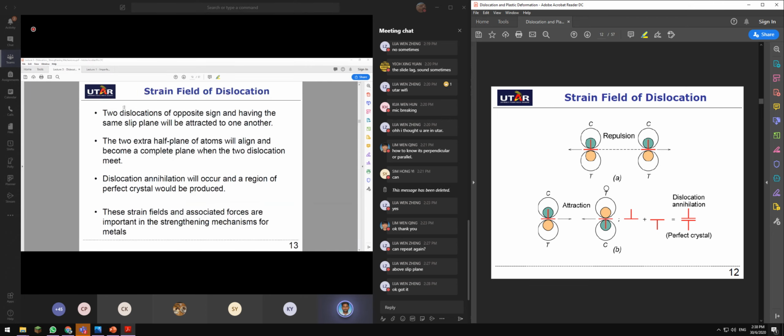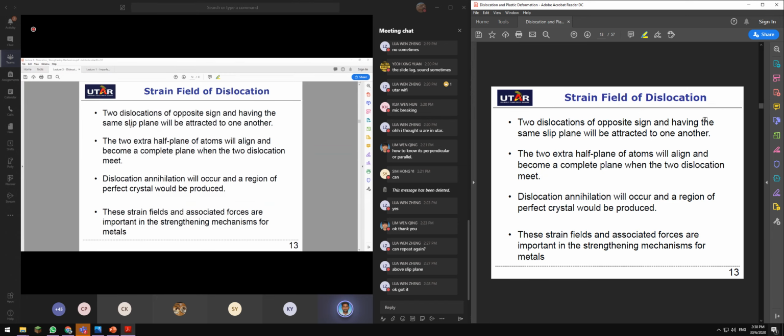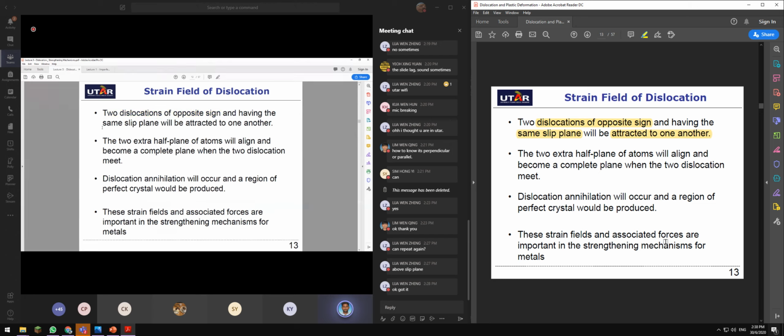Here is the explanation for it: two dislocations of opposite sign having the same slip plane will be attracted to one another.